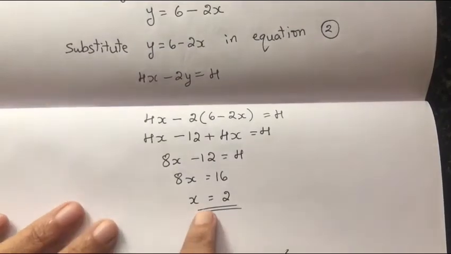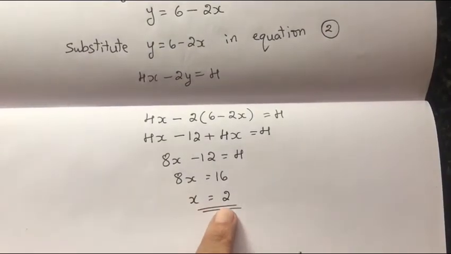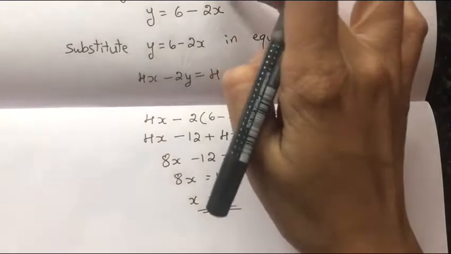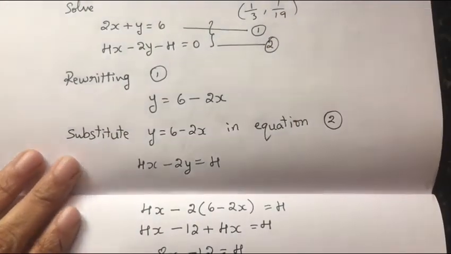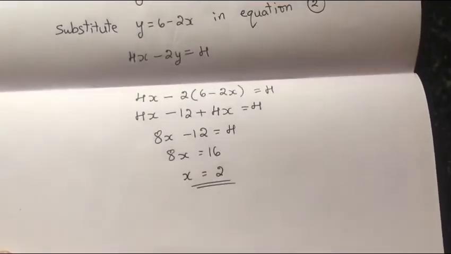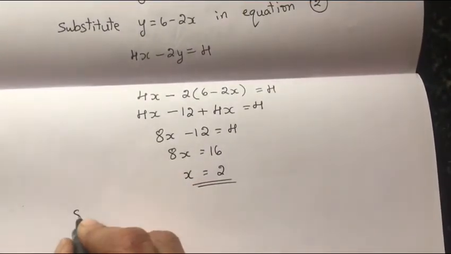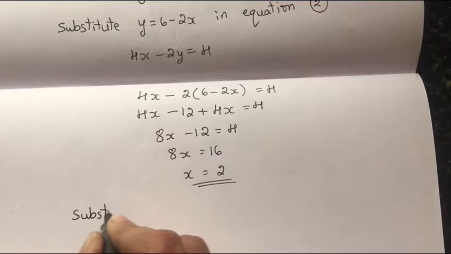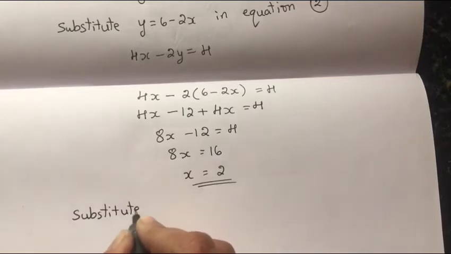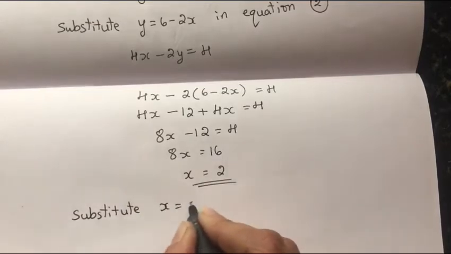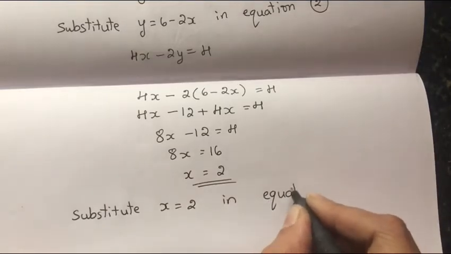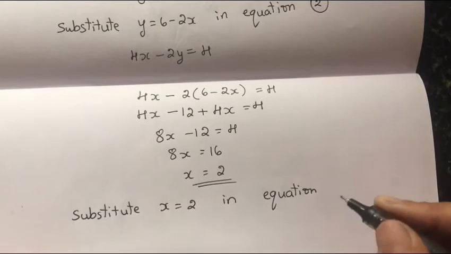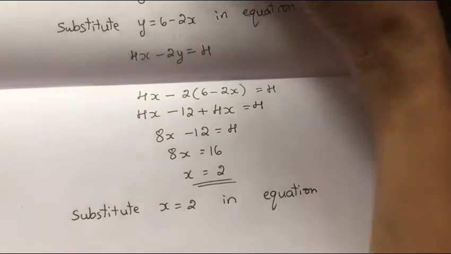Now substitute the value of x equal to 2 in any one of the equations, either 1 or 2, and you will get the value of y. It's not necessary to put it in equation 1 only; you can put either of them.